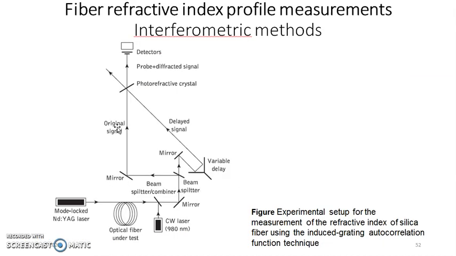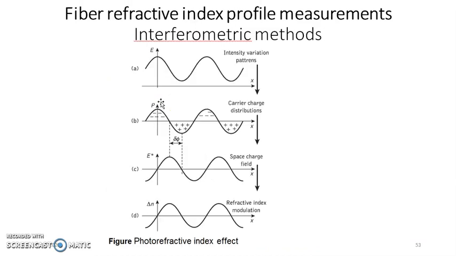Another method is the interferometric method used for fiber refractive index profile measurement. Here we have a laser and a beam splitter. Then different mirrors are used, and we get the output at the detector with a delay. The same concept is used to measure the refractive index profile. Because of the variation in the delay, we get the refractive index change in this pattern.